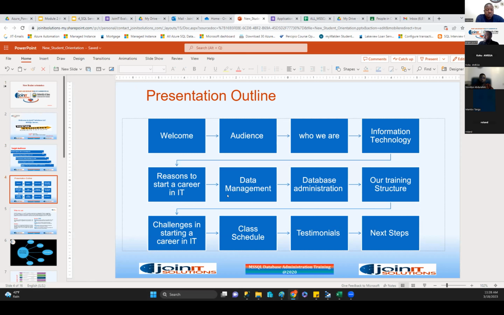We'll talk about data management and database administration, because this is specifically how we are looking at getting you all from an absolute beginner standpoint to an IT professional. We'll tell you all about our training structure, the challenges that people have, including you, in starting a career in IT. We'll look at the class schedule, talk about some testimonies, and go to next steps.